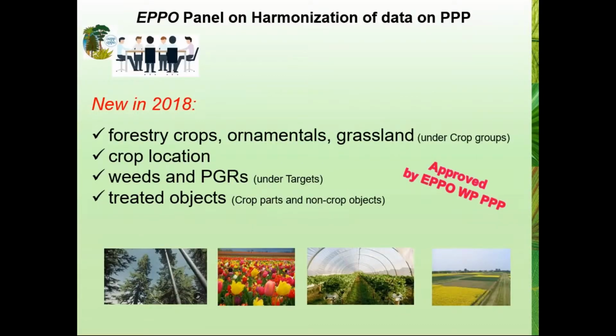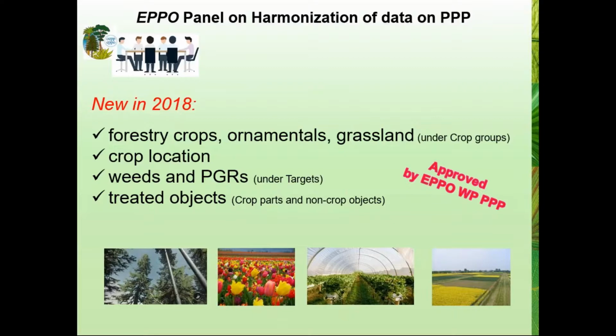So I'd like just to update you on what happened in 2018. Compared to the last time I did this presentation, the panel continued their work. We now have codes for forestry crops, ornamentals, and grasslands. These are three subgroups of the crop groups, which have been approved by the EPPO Working Party in May.